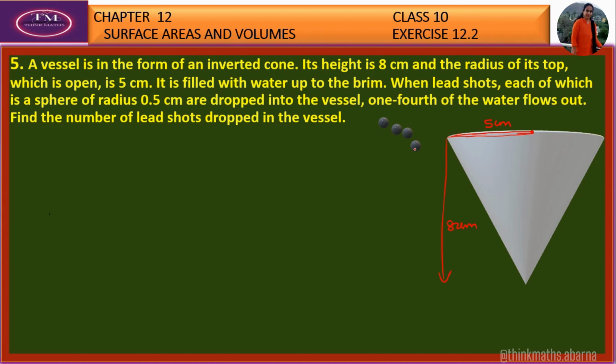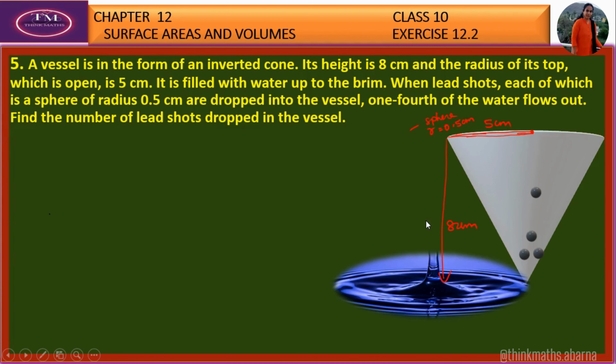When the lead shots are dropped, so this is the lead shot. It is in the shape of a sphere, and it has a radius of 0.5 centimeter. They are dropping some lead shots into the vessel. When they are dropping into the vessel, what happens? 1/4 of the water flows out from this cone.